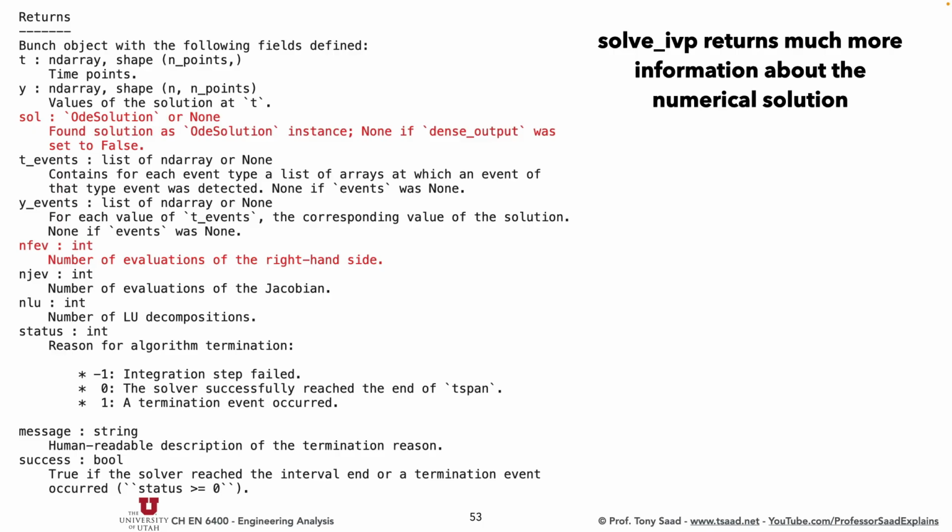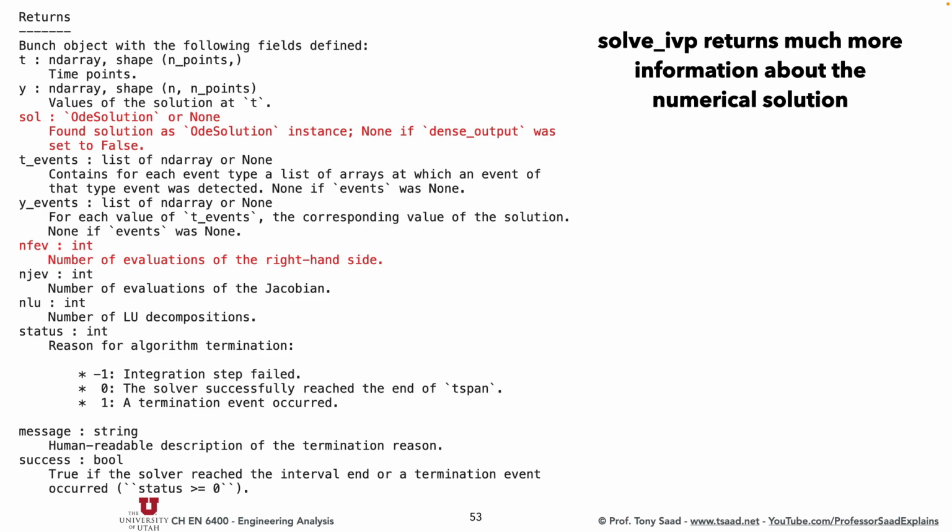So I put this out here. This is the object that is returned from solve IVP. This is sol that we just used. I want to point your attention to this. We're going to use this a little later, hopefully today, if not today, on Tuesday. The solution object has information about the solution, like information about the error and other things like that.